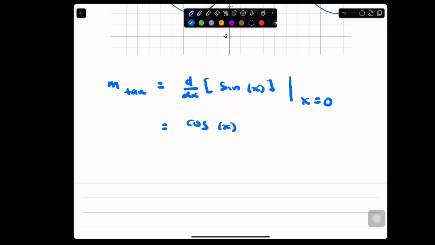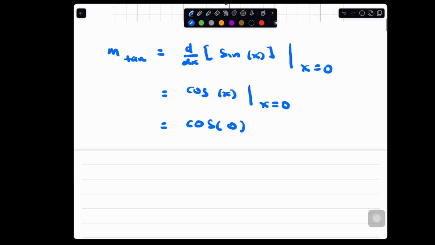Okay. We have to evaluate this at x is 0. So we have to know what cosine of 0 is. Now, cosine of 0, we know is the value what? 1. Is that true? So you found m tangent to be 1.